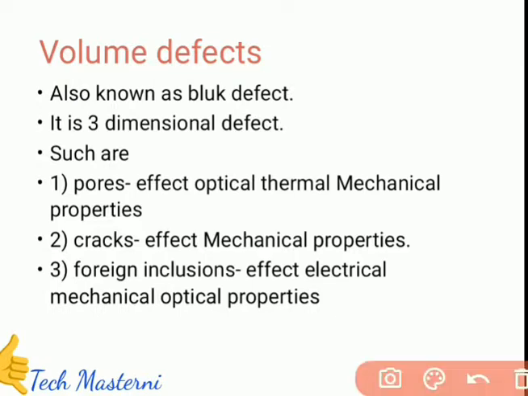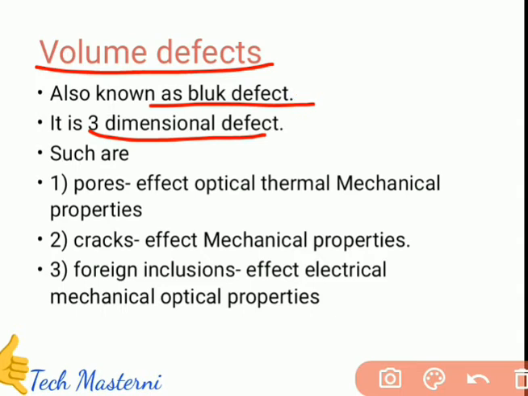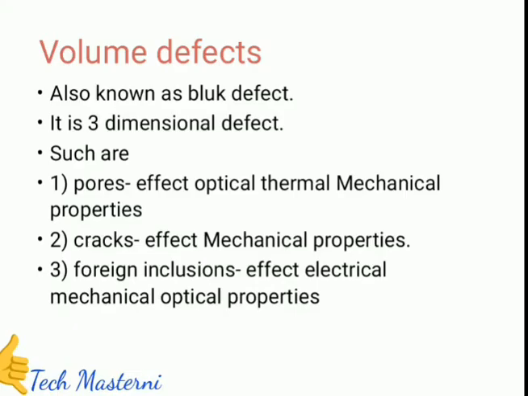Next what we have is a volume defect. Volume defect is a three-dimensional defect and it is also known as bulk defect, under which we have pores, cracks, foreign inclusion. Pores will affect optical, thermal and mechanical properties. Then come cracks. They will affect mechanical properties.